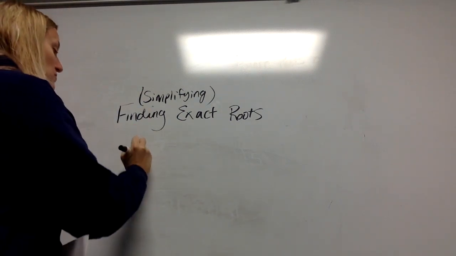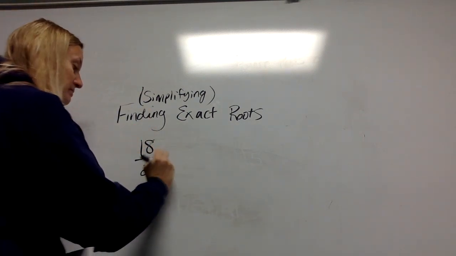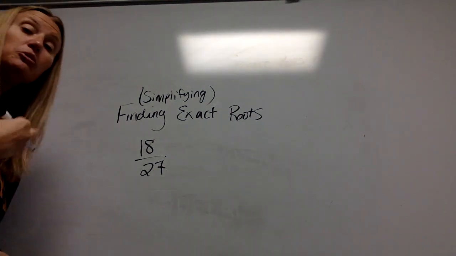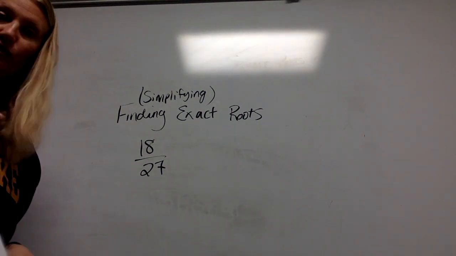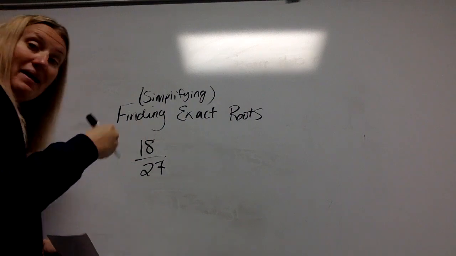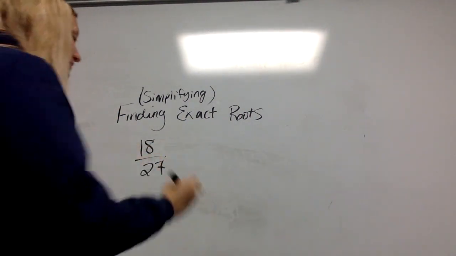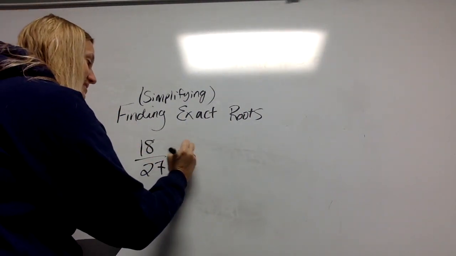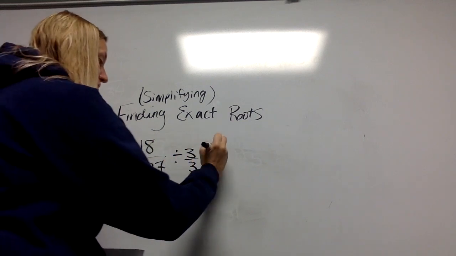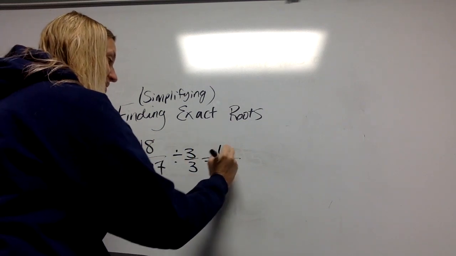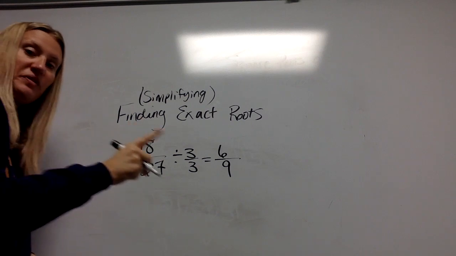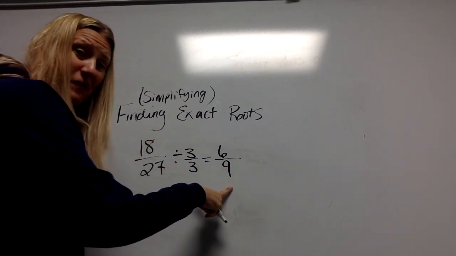Next, if I gave you this fraction and asked you to simplify it, there is more than one way. We've talked a lot of times with fractions that we might have to reduce more than once. So some of you will say, oh, I see that these are both divisible by 3, which is going to give me 6 over 9. But then we look at this and is this simplified all the way?